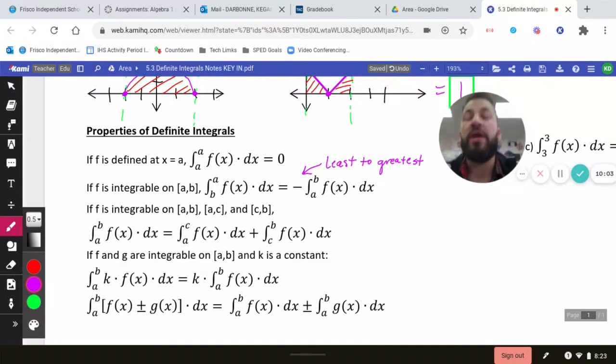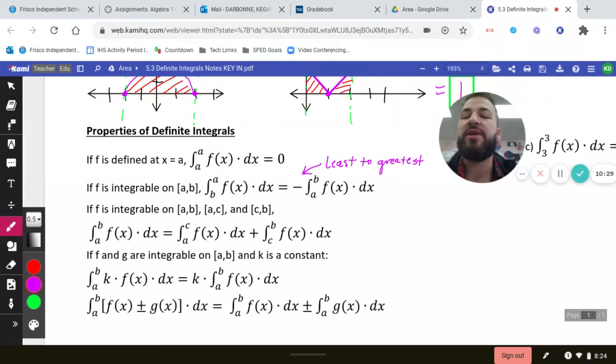When evaluating our integrals, we should follow the number line. We should go from smallest value to biggest value. So -4 to 7, 1 to 9. If we do it backwards, we need to fix it by switching the numbers on the interval and putting a negative in front of my integral. So really, really important. Just a pretty easy thing to figure out. Once you see it, if they're backwards, just flip them, put a negative in front.